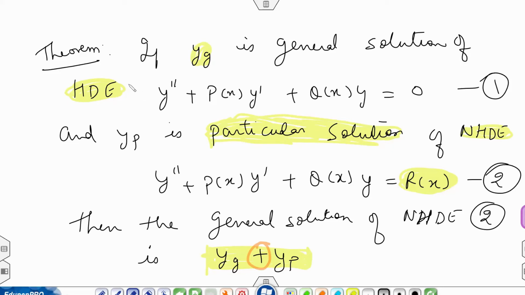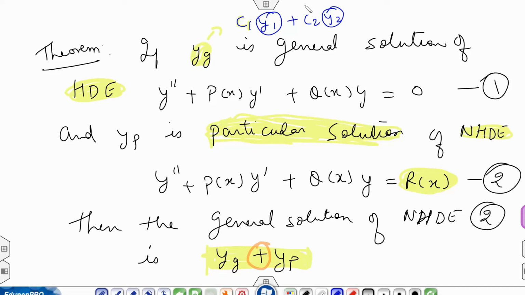but now just understand that if you have a general solution yg, I have shown you what yg will be. Your yg will be c1 y1 plus c2 y2, where y1 and y2 both are linearly independent. Linearly independent means the Wronskian should be non-zero, because we have already shown that if it is 0, then they are linearly dependent.